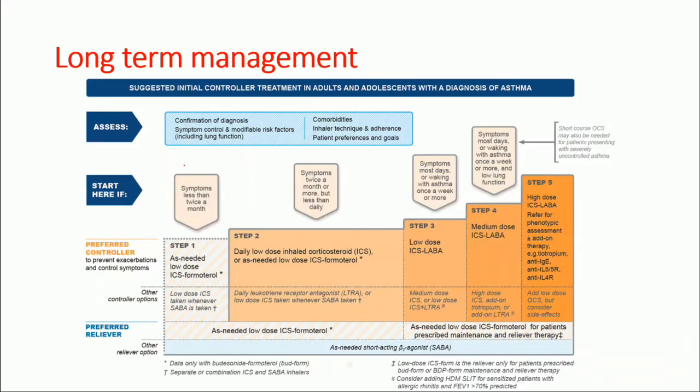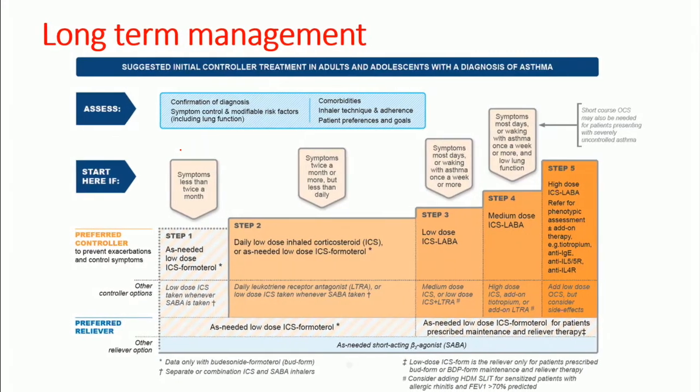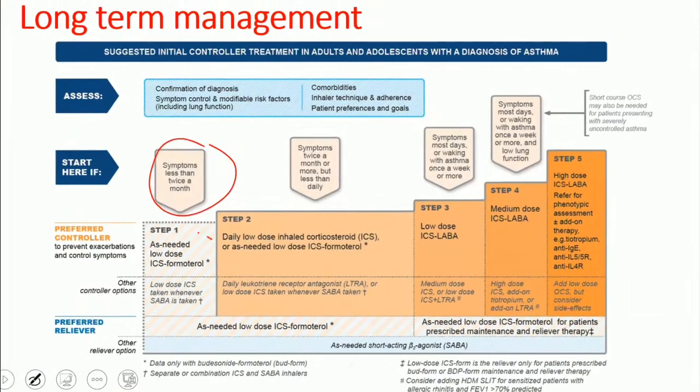As we said before, in mild intermittent asthma you could give a SABA, short-acting beta agonists like salbutamol, on an as-required or as-needed basis. Current guidelines do not recommend this anymore. And there's a lot of evidence which I don't want to go into about why that is the case. Currently, the recommendation, even in mild asthma with symptoms less than twice a month, is to use this ICS formoterol combination.